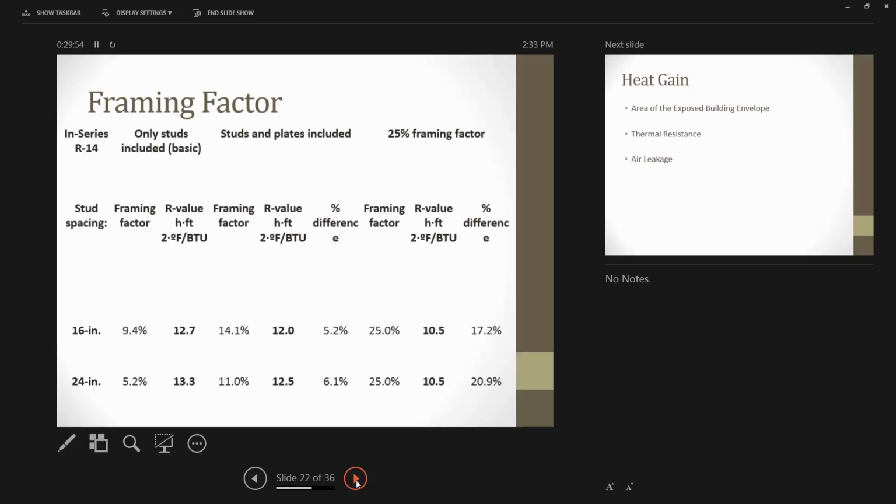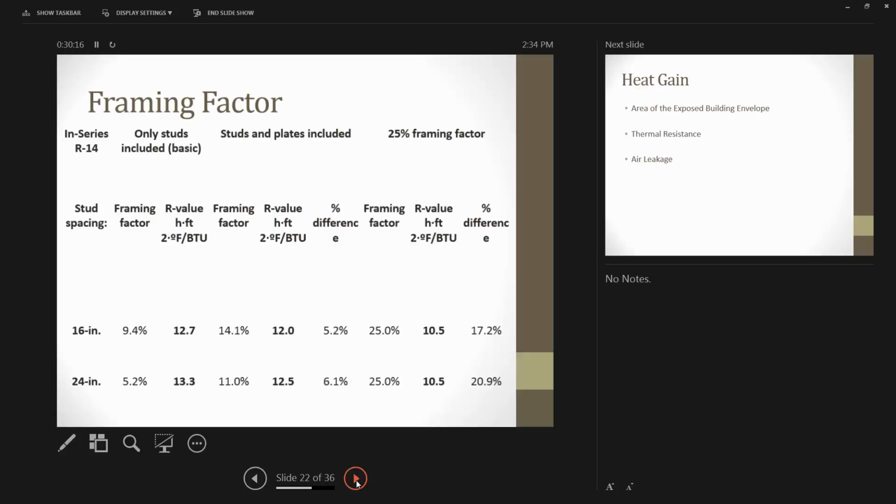On the low end, if you just include the studs, call it stud only, you're still looking at, in 16-inch on center, nearly 10% of the wall is framing. And so it's going to effectively reduce your R value down to 12.7.